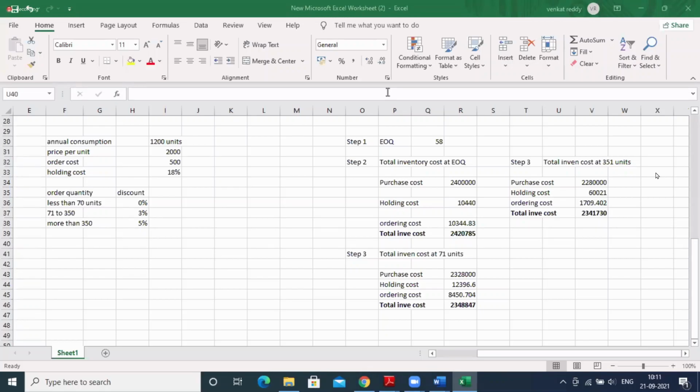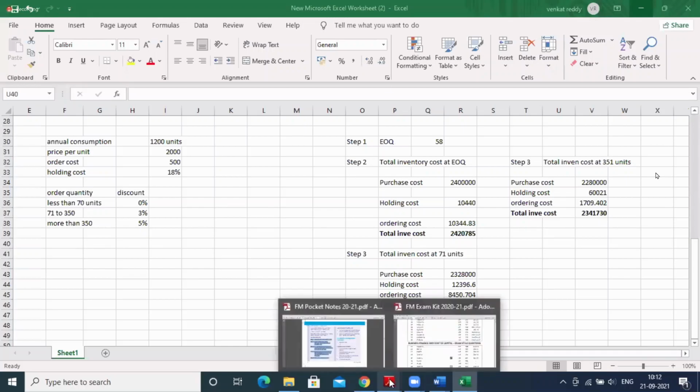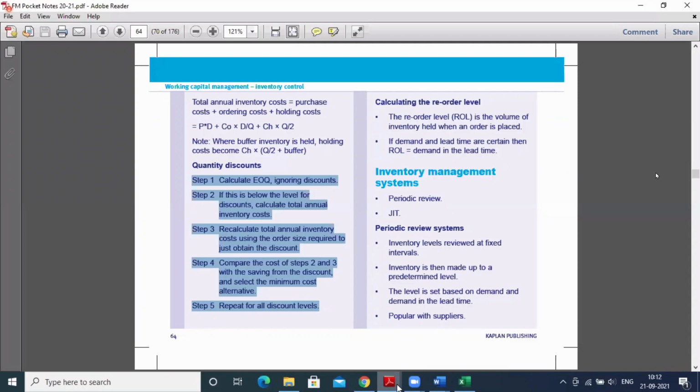So I hope all the participants are clear with this calculation. Why only almost 9? Why not 100% clear? Yes, can I know?